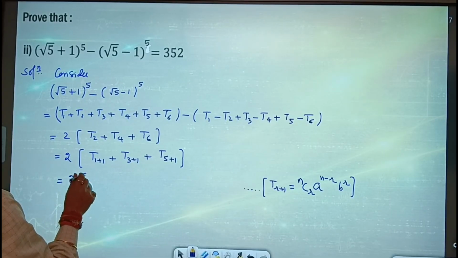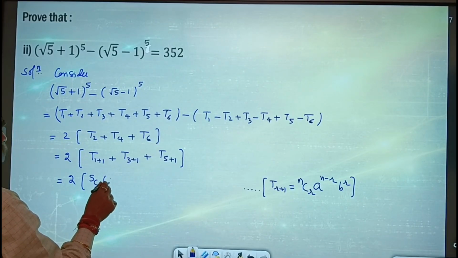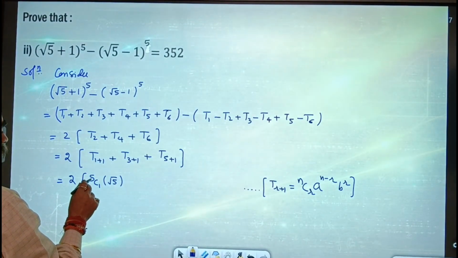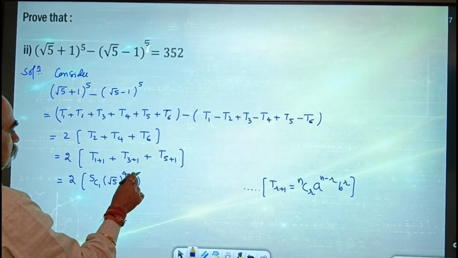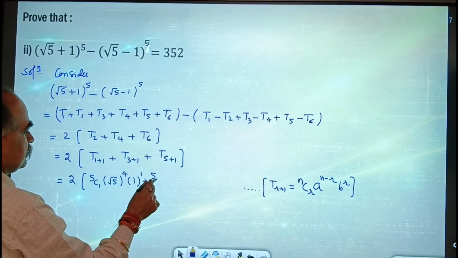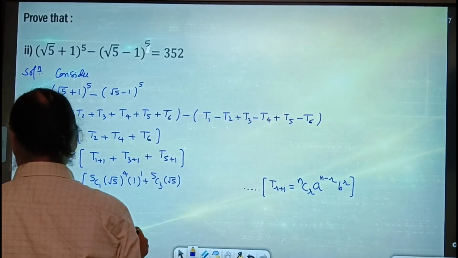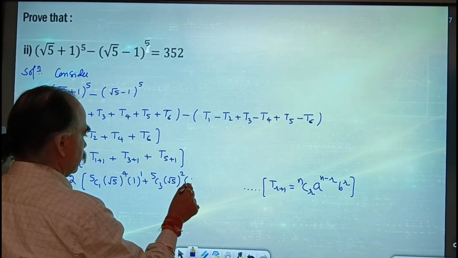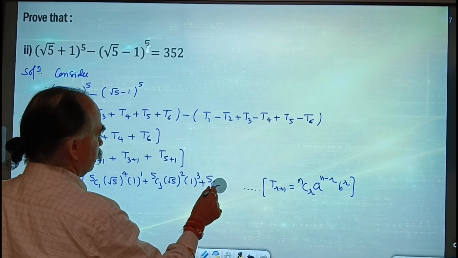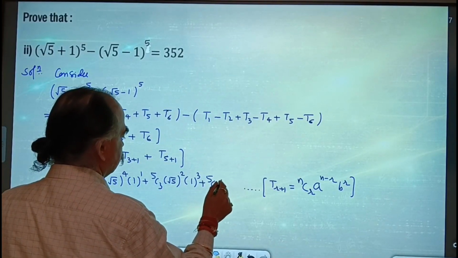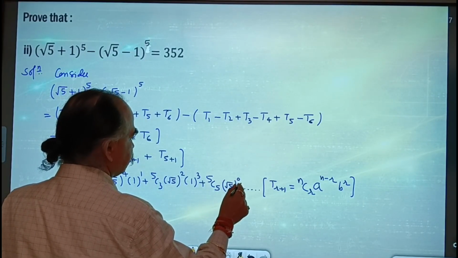This is 2 times T1 plus 1 is what? 5C1 root 5 raised to 5 minus 1, 4, into 1 raised to 1, plus 5C3 root 5 raised to 5 minus 3 is what? 2, into 1 cube, plus 5C5 root 5 raised to 0, 1 raised to 5.